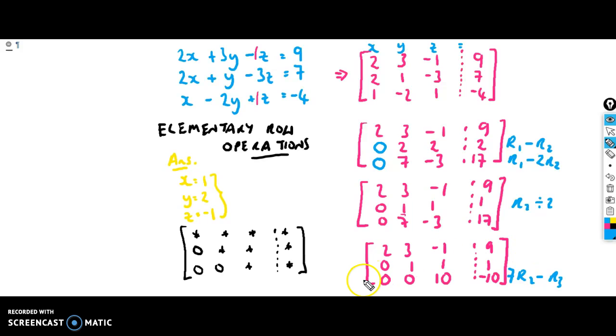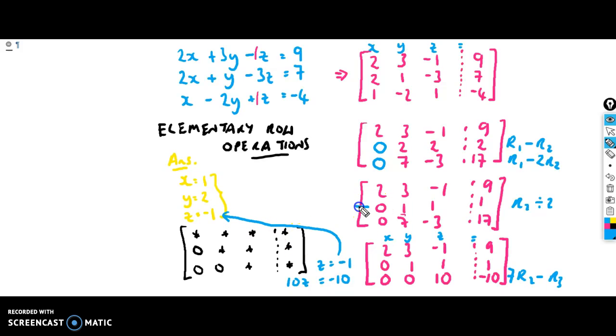Now let's take those. This bottom line now is really saying that 10z equals minus 10, because don't forget, these are the x, y, and z columns. And if that's true, then z equals minus 1. Phew, that's the answer we wanted.